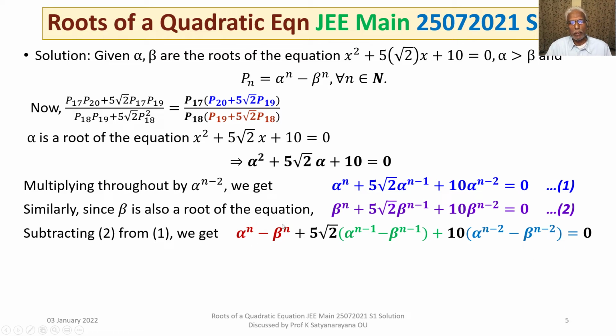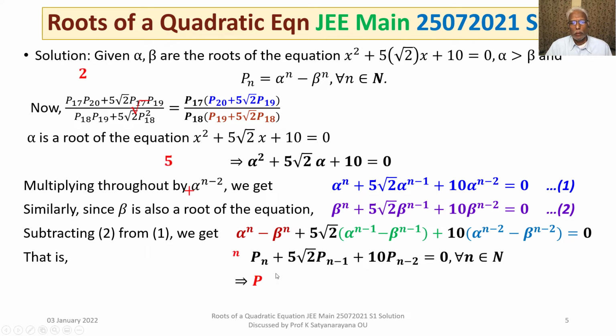Now, alpha power n minus beta power n is Pn, this is Pn minus 1, this is Pn minus 2. Therefore, we get Pn plus 5 root 2 Pn minus 1 plus 10 times Pn minus 2 is equal to 0 for all n belongs to N. Now this implies Pn plus 5 root 2 Pn minus 1 is equal to minus 10 times Pn minus 2 for all n belongs to N. Now we see P20 plus 5 root 2 P19 in this.